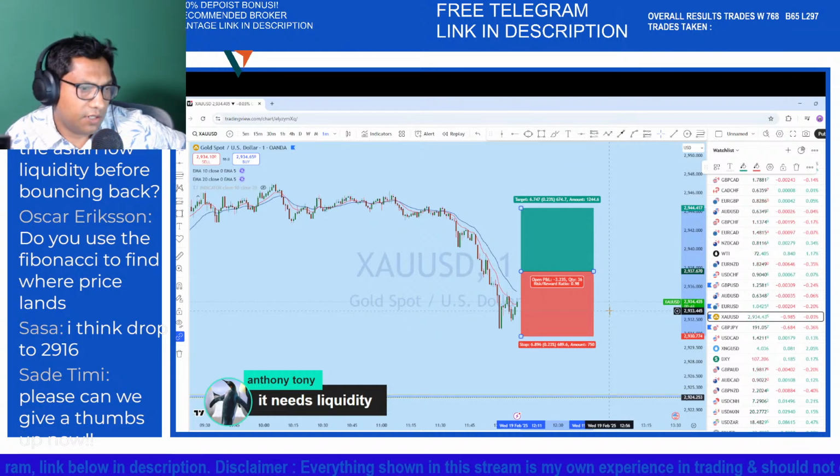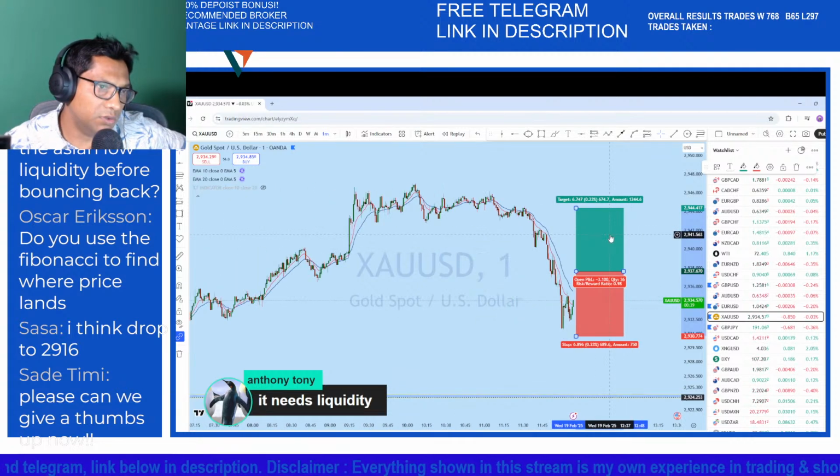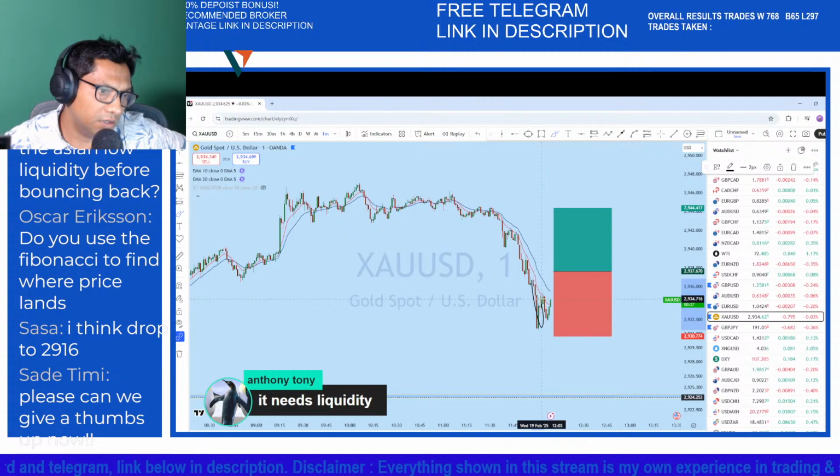So let's look here, and we can see a bounce coming here. Okay, so with this double bottom, the market is slowly moving up.